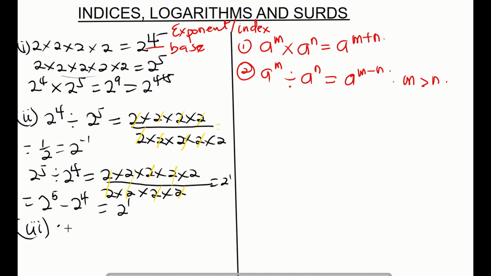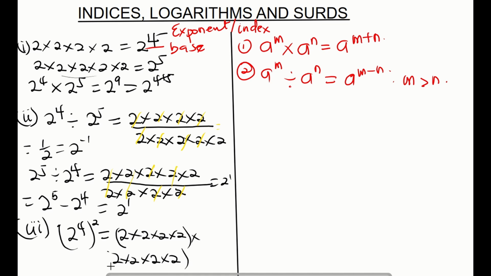Let's consider also the third one. Let's say we have 2 to the power 4, all to the power 2. This is the same as 2 times 2 times 2 times 2, all this times 2 to the power 4 again, so times 2 times 2 times 2 times 2. Now, what does this give us? This is 1, 2, 3, 4, 5, 6, 7, 8.